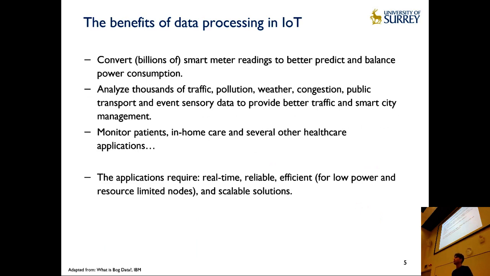And obviously, if we have large amounts of data, we can convert them to value in different domains. We can look at areas like pollution, traffic, smarter cities, and healthcare. Later during this module, we'll provide you some real use cases and applications, showing how the platforms we deploy and the data we collect can be used in real applications.